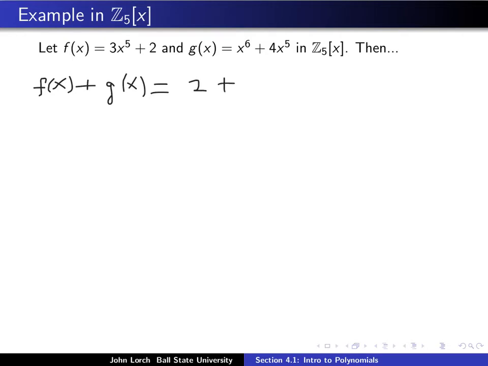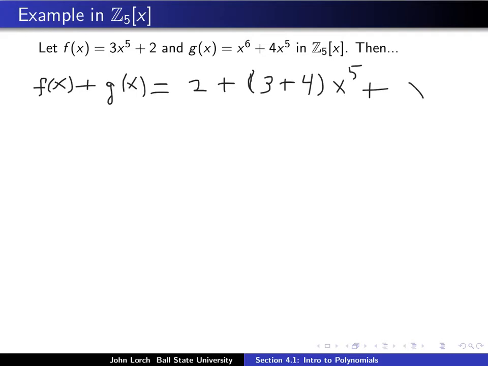And then I look at x to the 5th, and I see that I have 3x to the 5th and 4x to the 5th. So in the new polynomial, I'll take 3 plus 4 as my coefficient of x to the 5th. And then for x to the 6th, we have 1x to the 6th represented in g, and 0 of them in f.